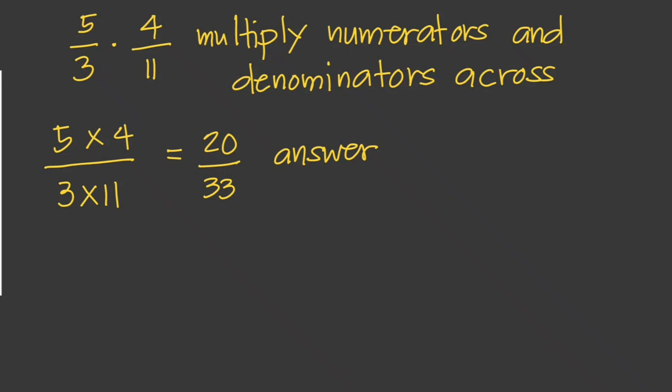Now let's go to division of fractions. Dividing fractions is very similar to multiplying with one extra step. Dividing fractions requires us to first take the reciprocal of the second fraction and multiply. Once we do this, the multiplication problem solves just as the previous problem.